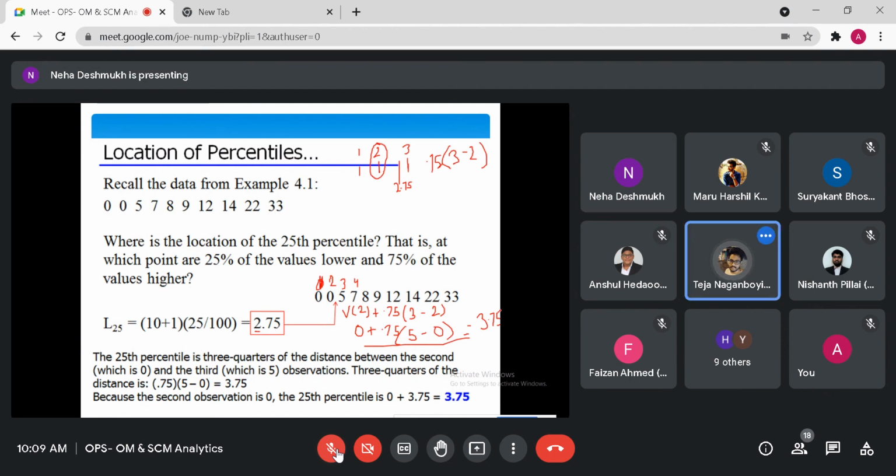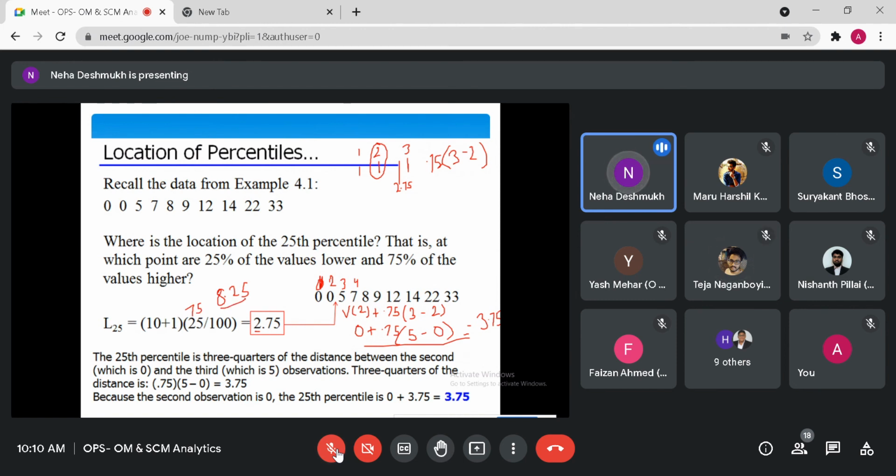Everyone got 16? Yes, ma'am, 16. 16 means your location value is 8.25, right? (10 plus 1) times 75 upon 100, so it will be 8.25. So 4, 5, 6, 7, 8, 9.